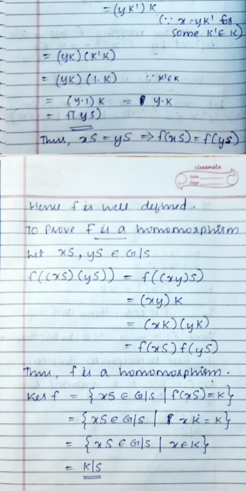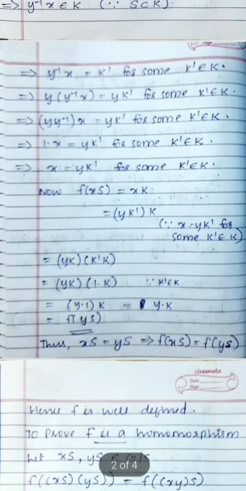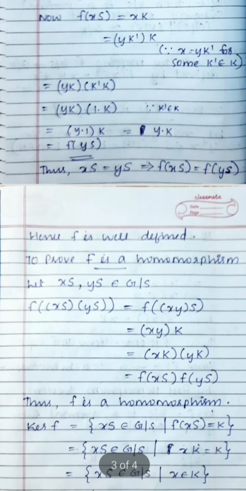So f of xs ys, which is nothing but f of xys, is nothing but xy into k.